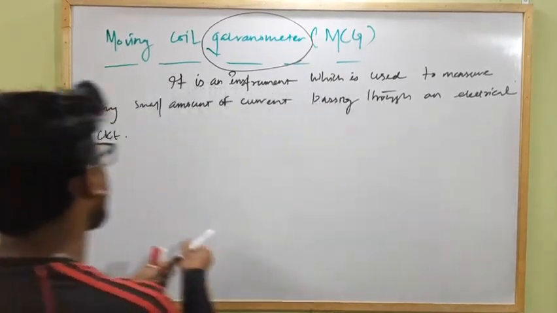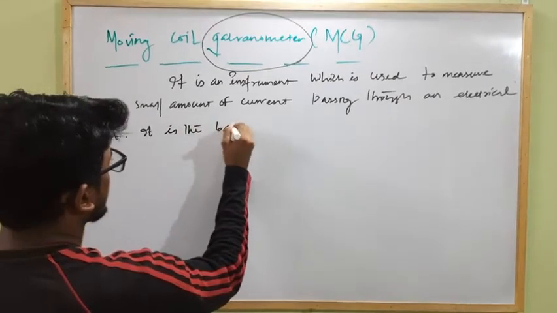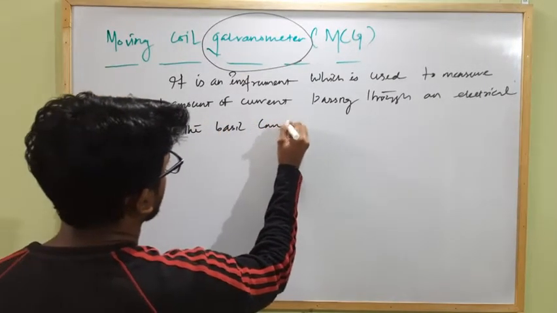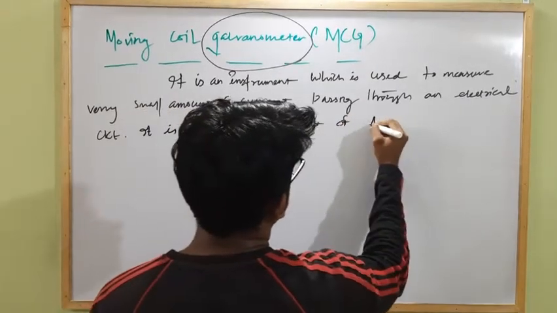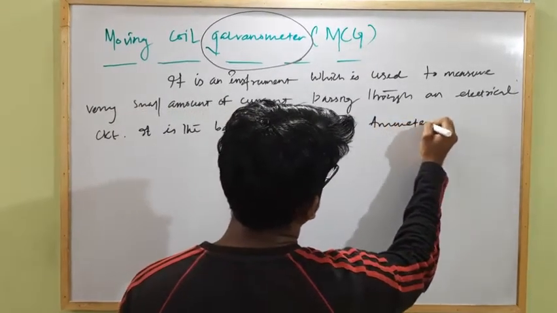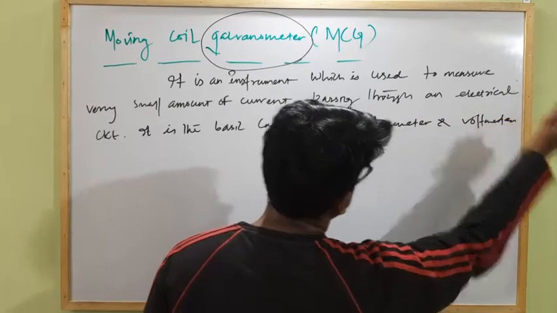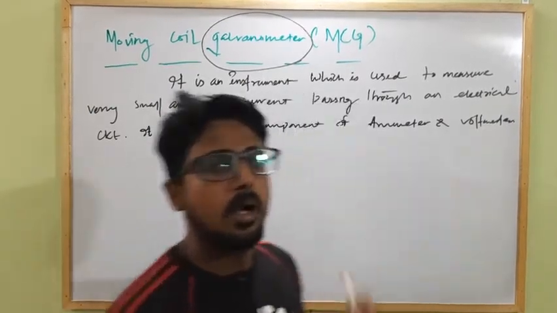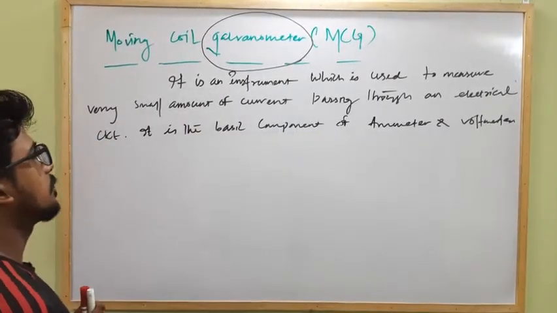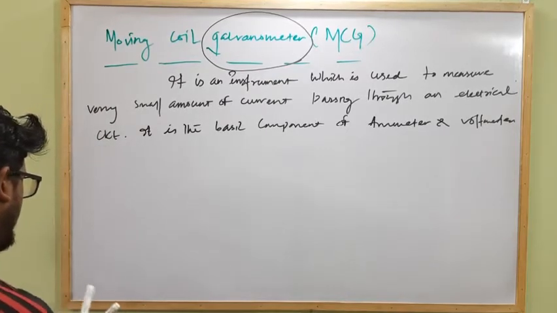It is the basic component of the ammeter and voltmeter. Ammeter and voltmeter are also basically one type of galvanometer. Clear?